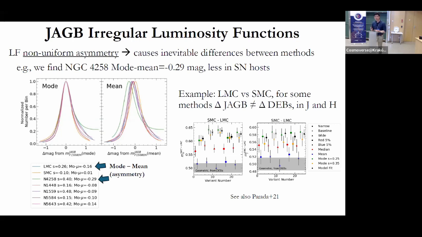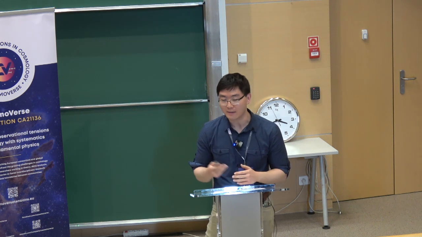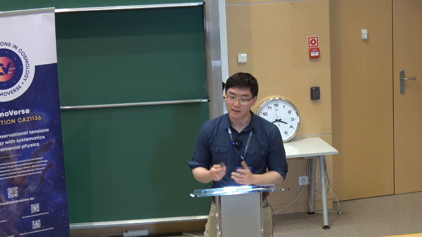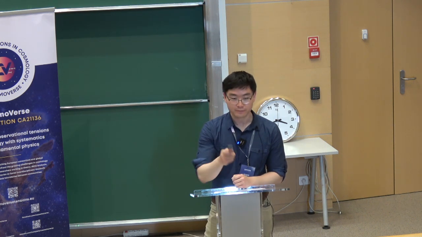And that geometric difference would be essentially the gold standard that we would compare to. We do this both in the J and the H band, and we do find, from the plot on the bottom right, that most of the measurement variants don't quite agree with the geometric distances. And that's something that definitely the ground-based studies should look into some more.